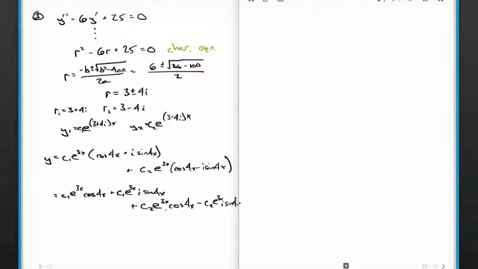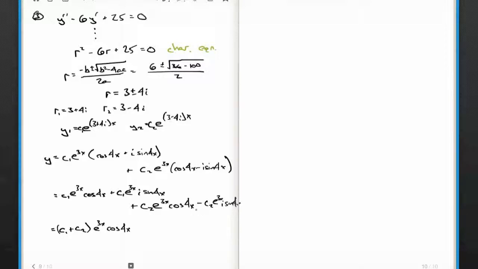Alright, and we can combine these. Let's see, we've got C1 e to the 3x cosine of 4x and C2 e to the 3x cosine of 4x. So that becomes C1 plus C2 times e to the 3x cosine 4x.